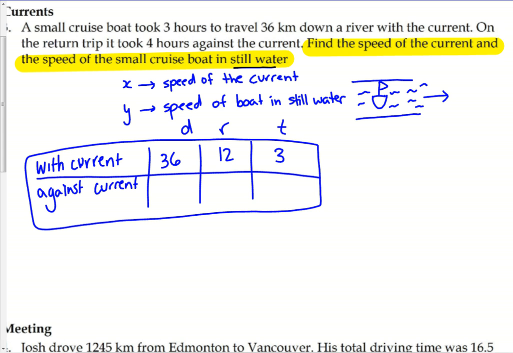And it said that on the return trip, it took 4 hours to travel how far? 36 as well. So what was the rate going against? 9. Okay, so this doesn't help us. It maybe helps us, but it doesn't really help us yet with solving for our variables. Can we make an equation with these rates and with our variables here?